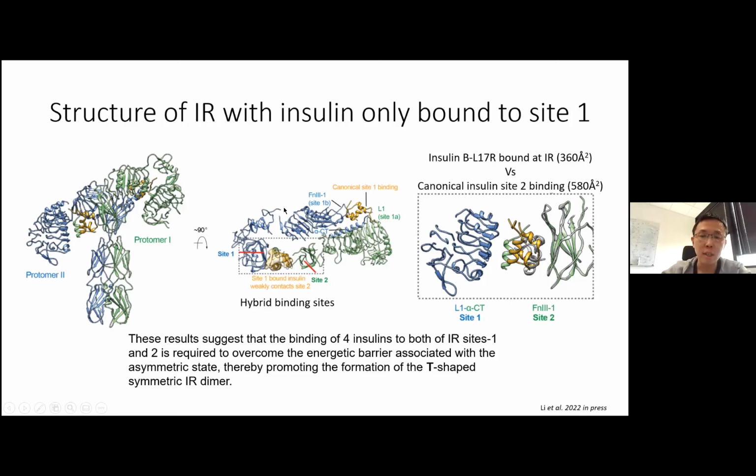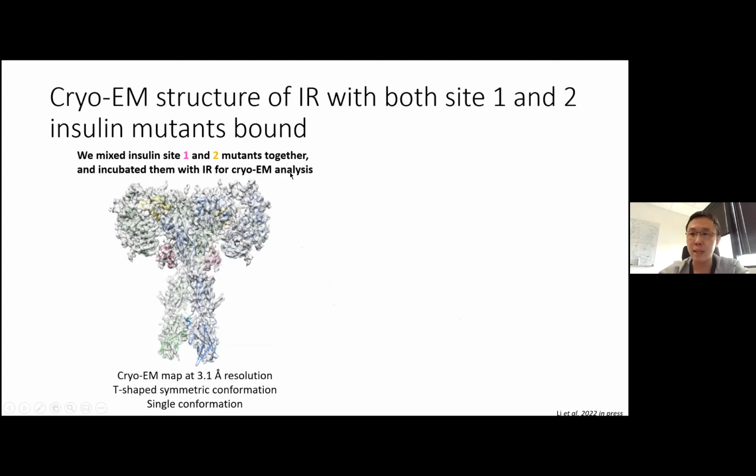Okay, so to test this idea, we did another experiment. We mixed both the insulin Sat1 mutant and Sat2 mutant together for the cryo-EM analysis. In this experiment, we incubated a 1-to-1 ratio of insulin Sat1 and Sat2 mutant with the receptor and then subjected it to cryo-EM analysis.